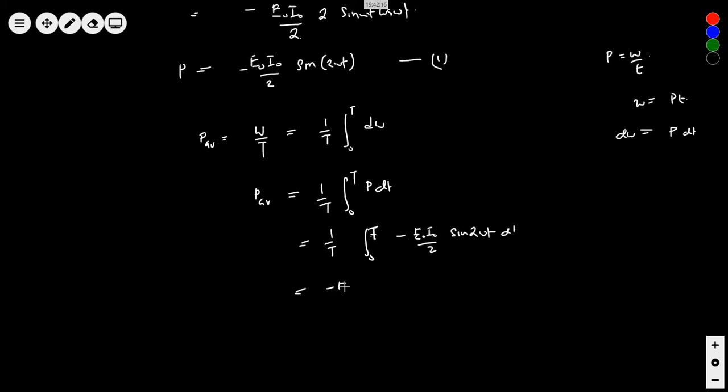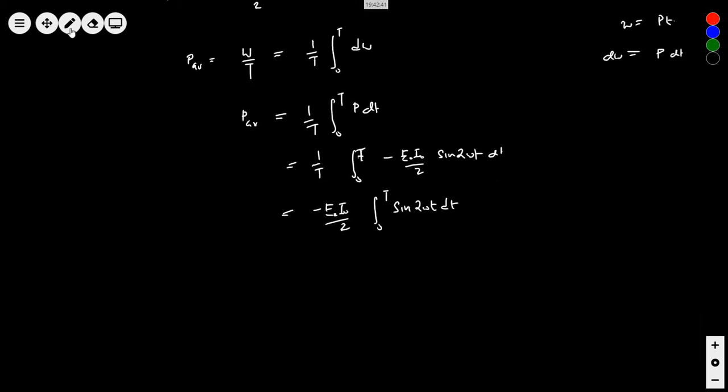Take everything out: minus E naught I naught by 2, integral from 0 to T of sine 2 omega t. Integration of sine 2 omega t is 0. I have discussed this with you earlier: integration of sine 2 omega t from 0 to T dt is equal to 0.